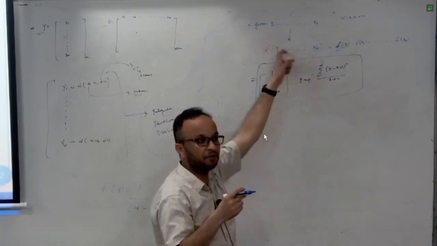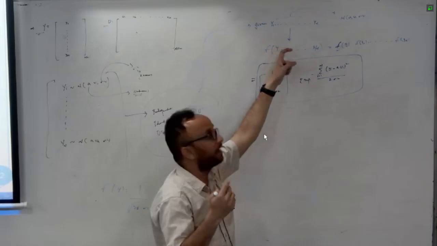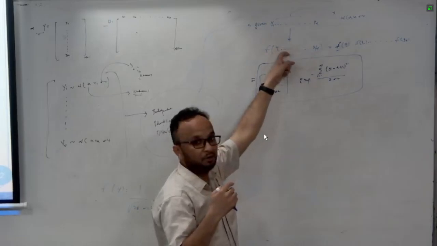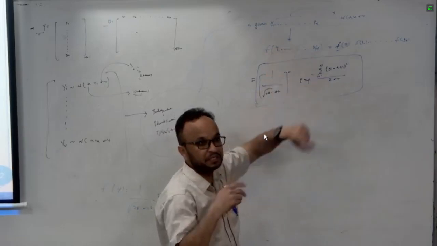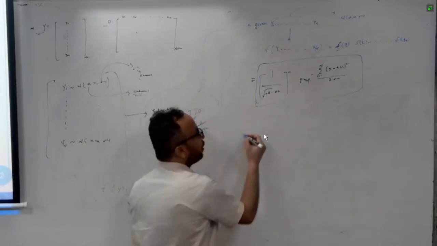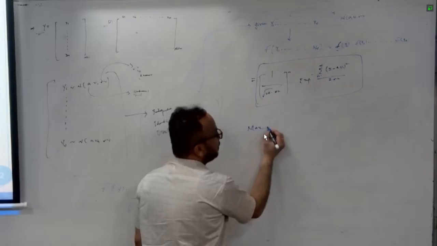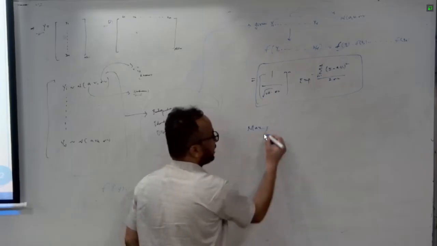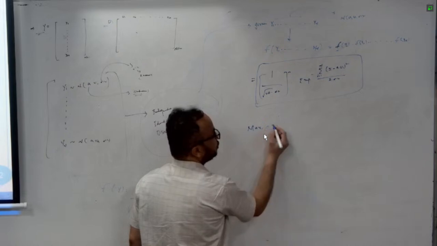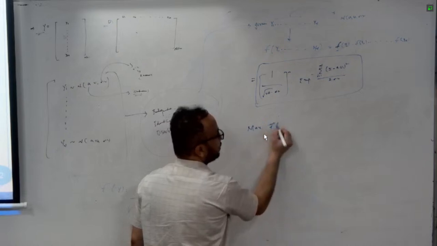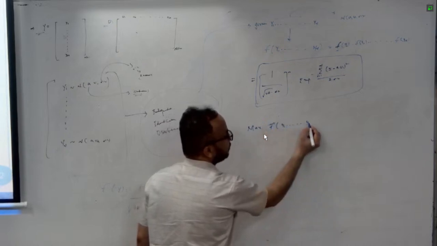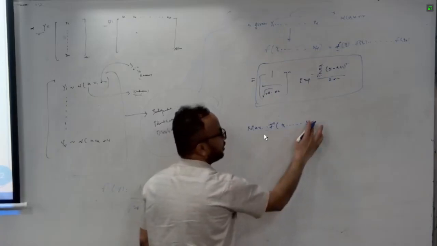So the likelihood of finding this sample belonging to this density function is high. So I want to maximize the joint density function, the joint f of y1 to yn.